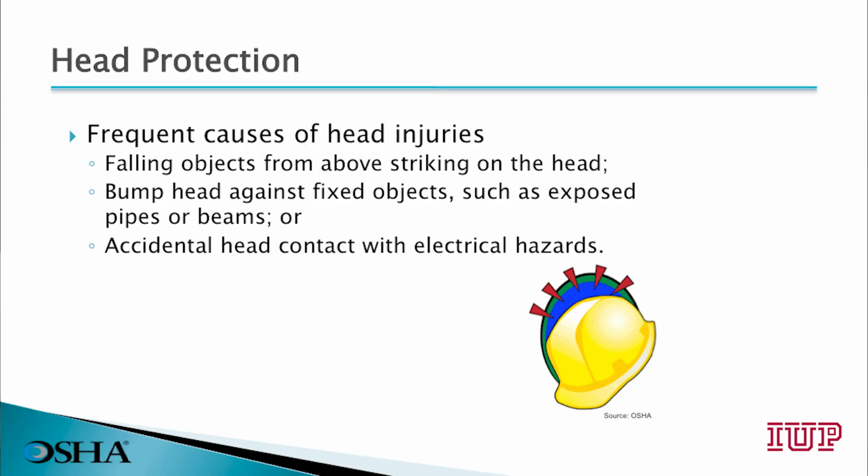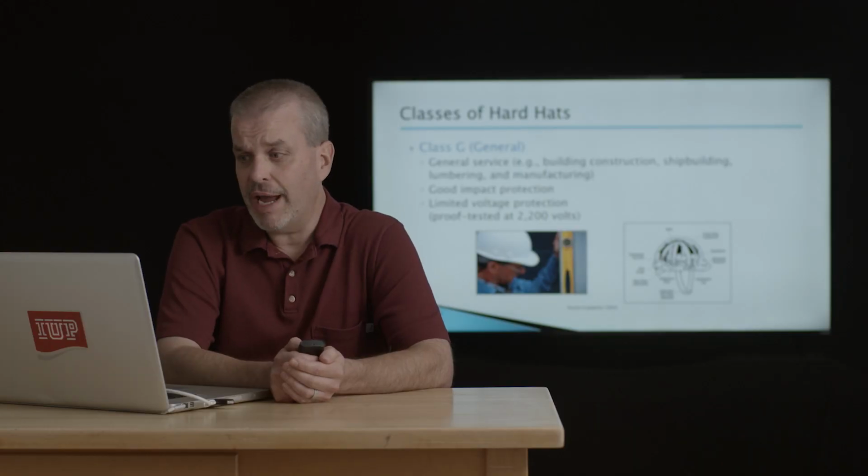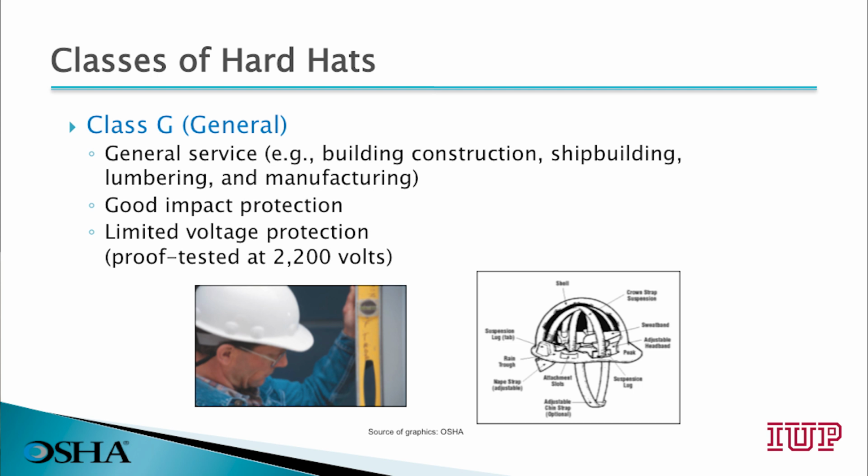With head protection, the frequent causes of head injuries result from falling objects from above, striking the head, bumping a worker's head against a fixed object, or accidental head contact with an electrical hazard. There are three classes of hard hats. The first is Class G, or General. This is for general service. It provides good impact protection, but provides limited voltage protection.